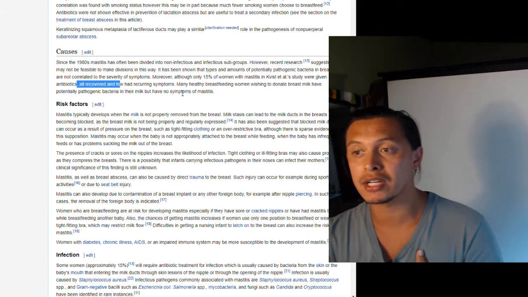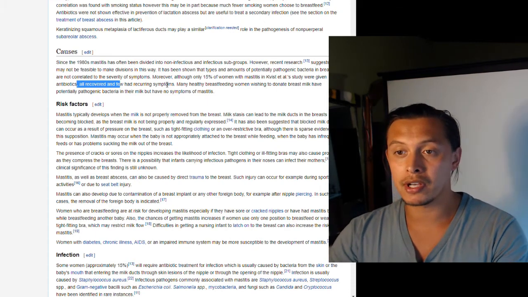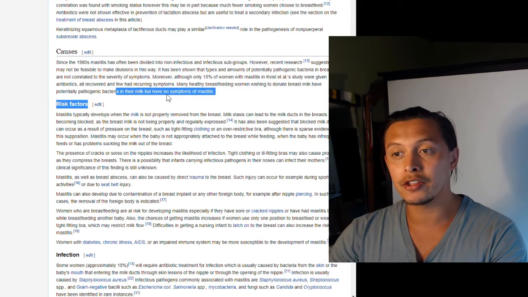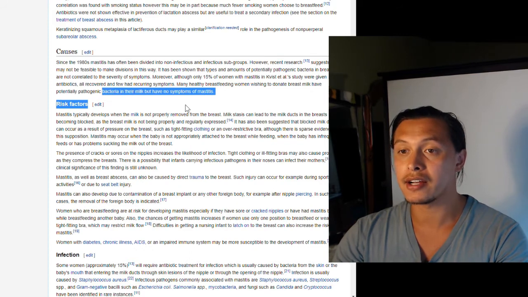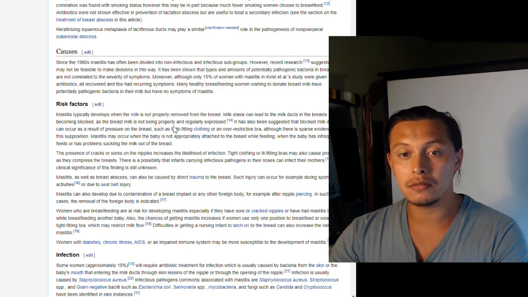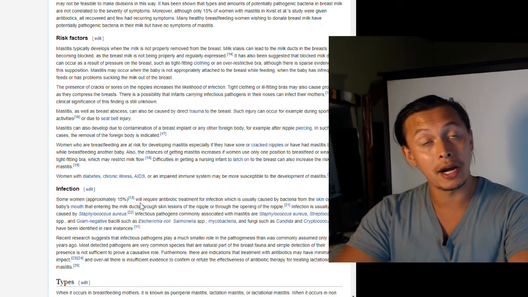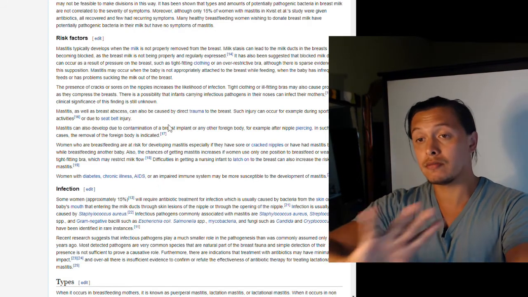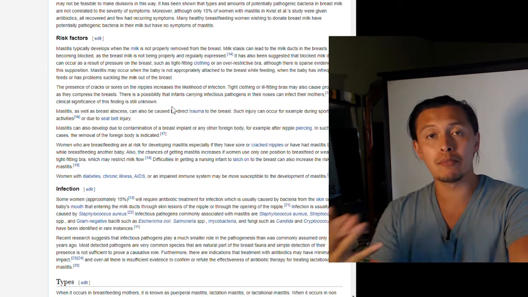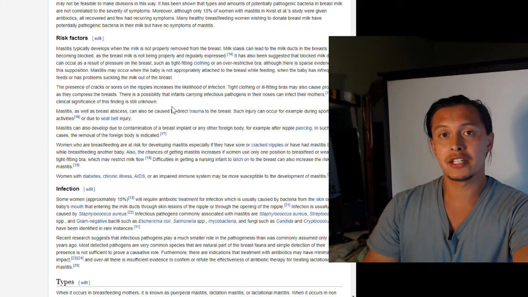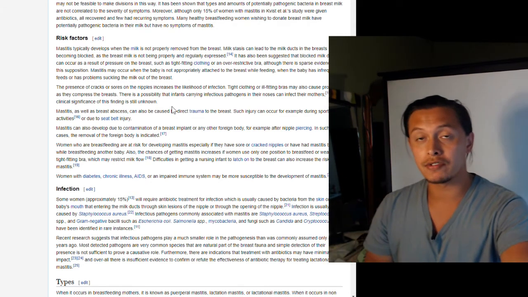So many healthy breastfeeding women wishing to donate breast milk have potentially pathogenic bacteria in their milk but have no symptoms of mastitis. So about 15% of women require antibiotic treatment, but it can be brought on by bacterial infection or infection of some form.